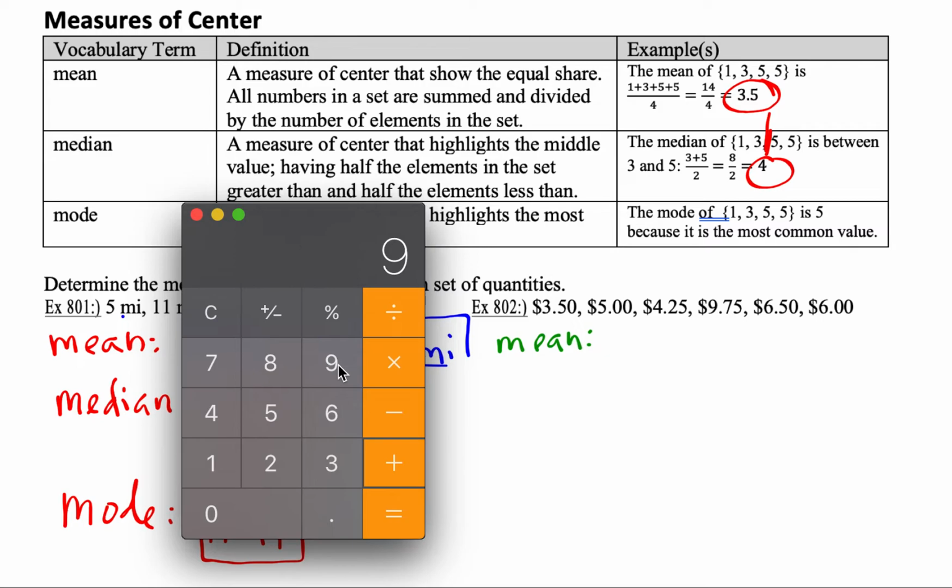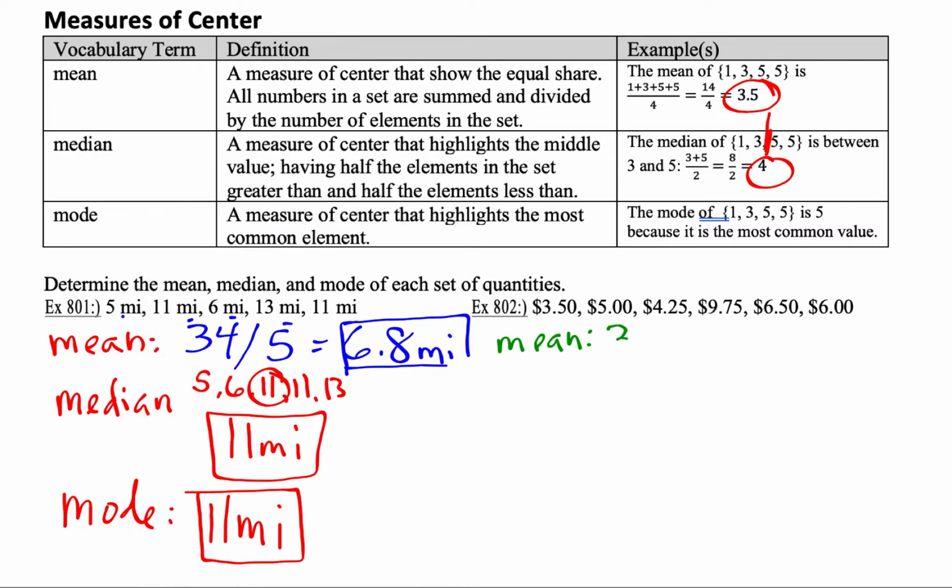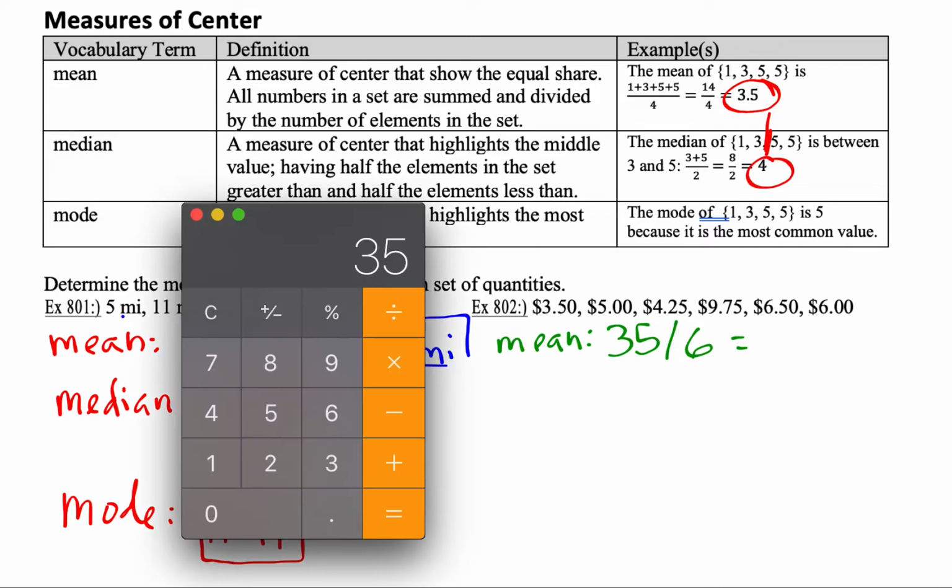plus $9.75 plus $6.50 plus $6. And if I've typed everything correctly, that's 35. And that's 1, 2, 3, 4, 5, 6. 35 divided by 6 is 5.83.